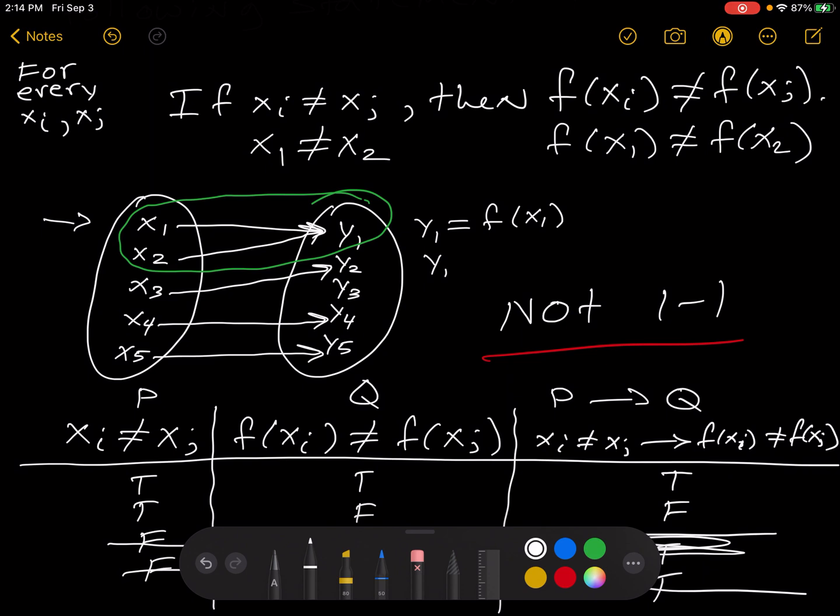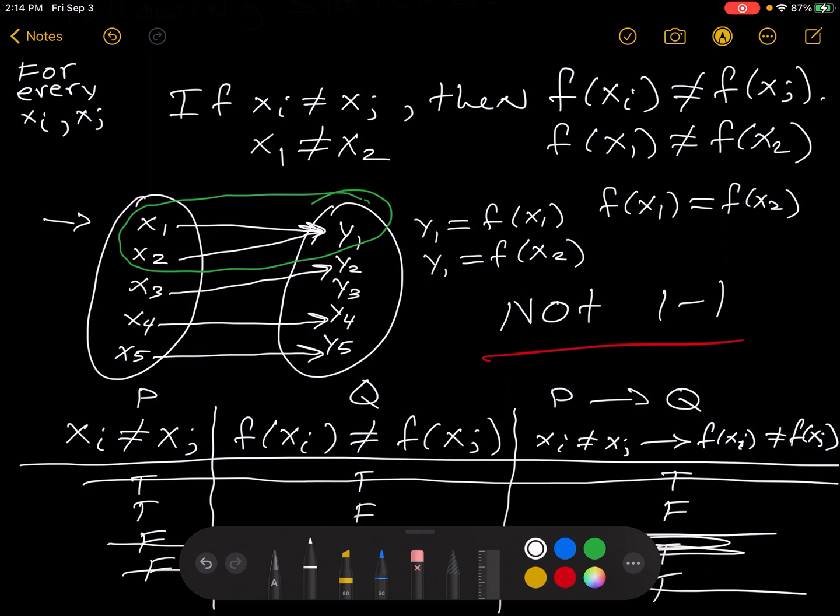And y1 is also equal to f of x2. So putting those together, that tells us that f of x1 equals f of x2. But our Q is that they're not equal. So our Q is false. So that means we can eliminate this row.